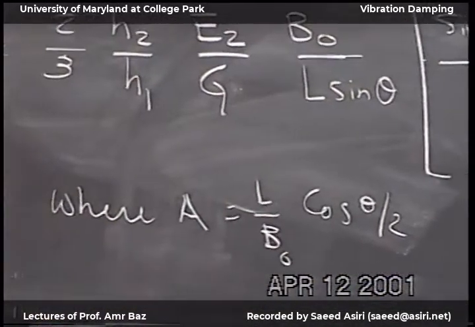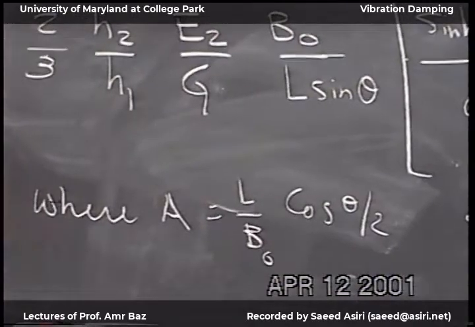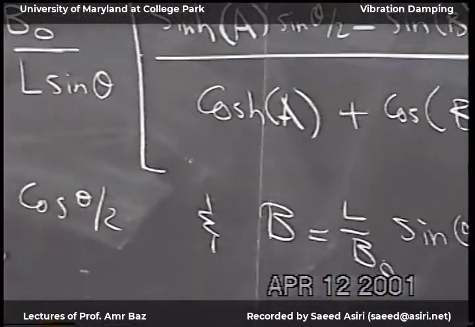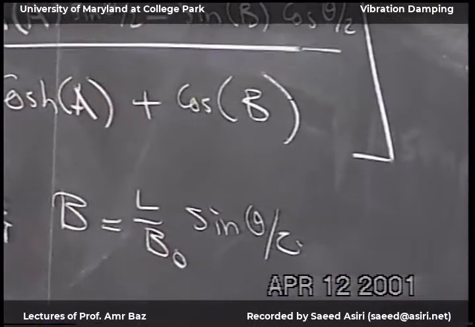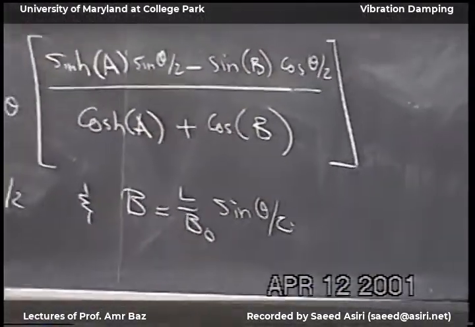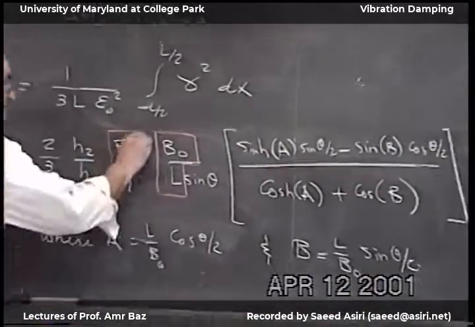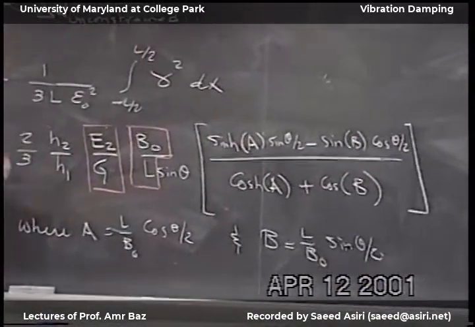Now it comes in a very nice form. This is a dimensionless number. This is a dimensionless number. This is a dimensionless number.